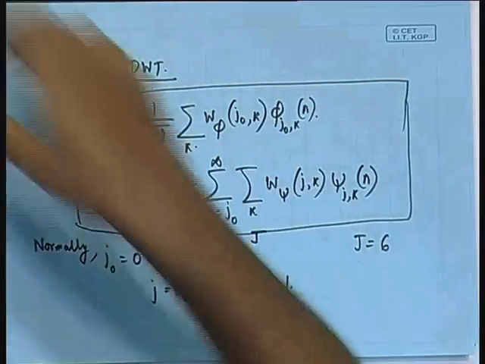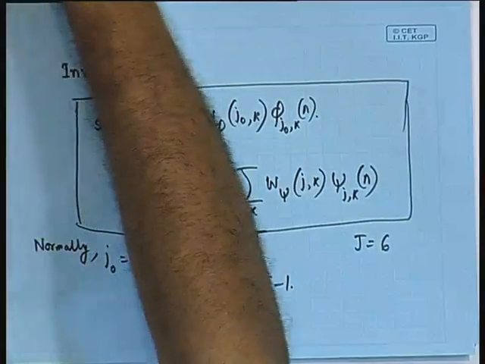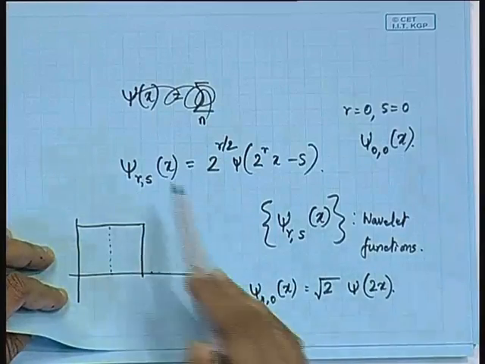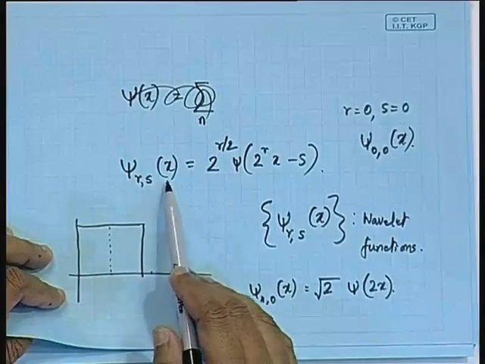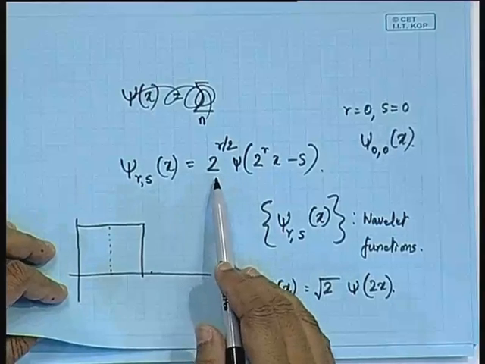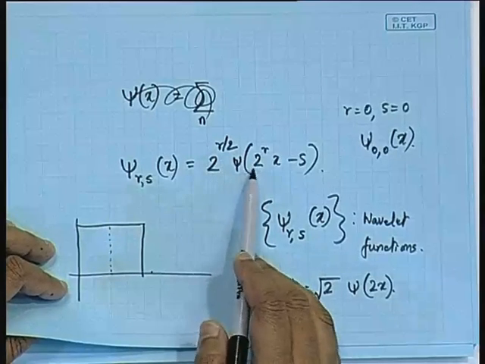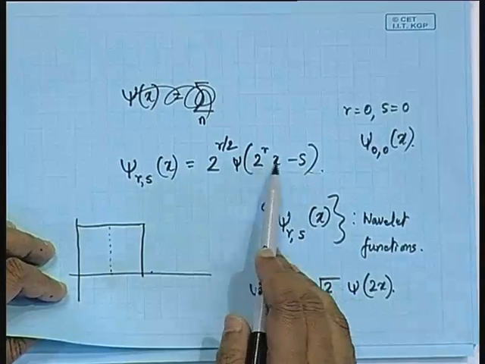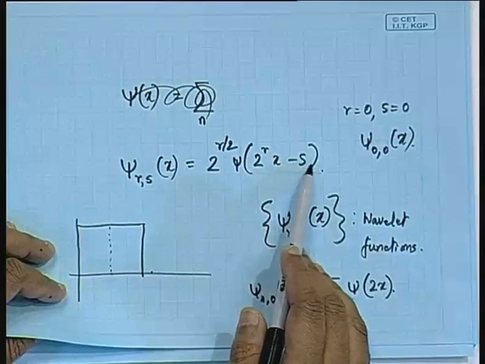Let us see this expression. Have a look at this expression. Psi r s, we had said psi r s of x was equal to 2 to the power r by 2 psi of 2 to the power r x minus s.